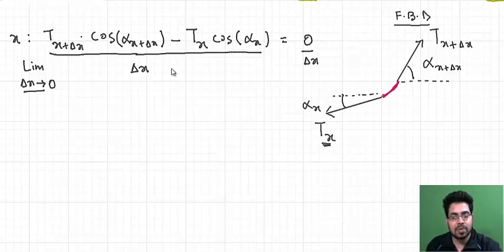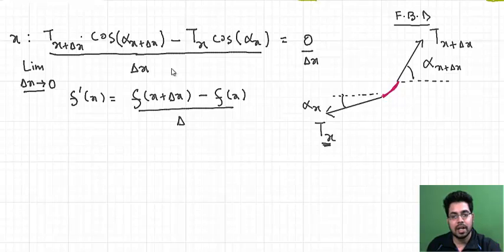If you look at this expression, it is the differentiation of T x cos of alpha x. Reason being, we write f dash of x as the limit as delta x approaches 0 of f of x plus delta x minus f of x, divided by delta x. This is f dash x.